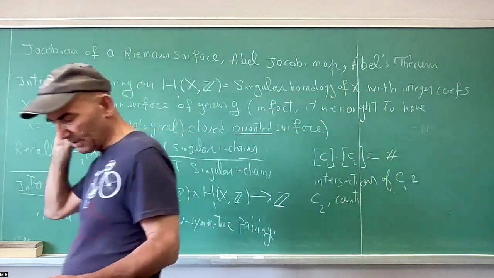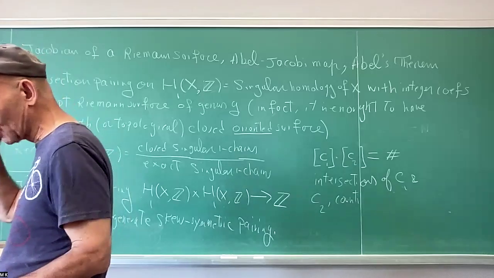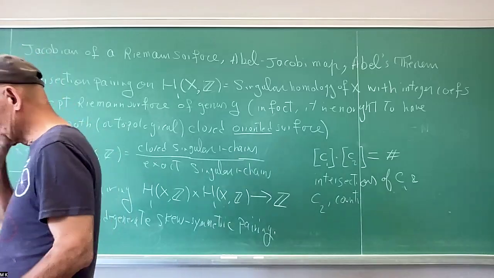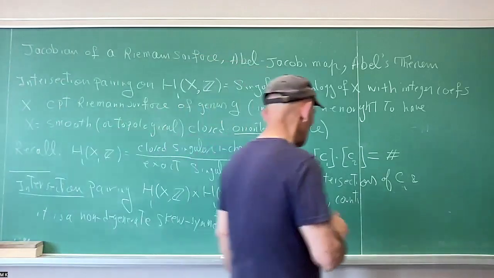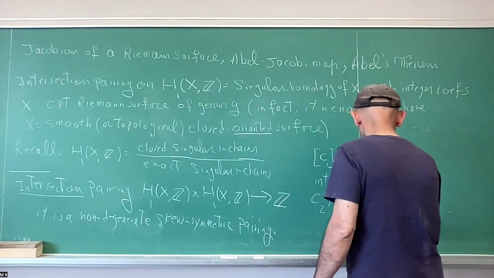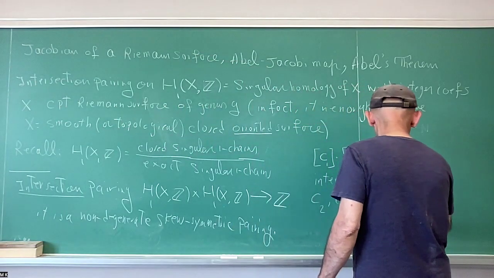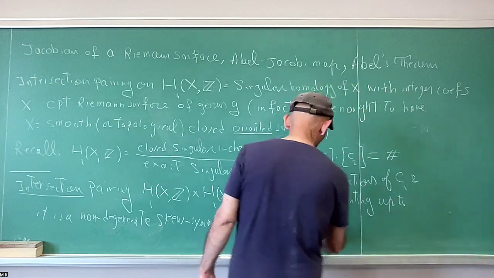Multiplicity is not that important. What is important is counting up to orientation. Okay, I will explain what I mean.